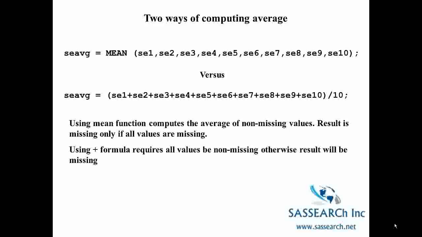When we use a formula, it requires all values to be non-missing, otherwise the result will be missing. So in the second example, if SE2 were missing and SE1 were missing for a particular subject, then for that particular subject, SE average, the new variable we were creating, would also be missing. So that's an important difference when you're computing an average and using a function versus using a formula.